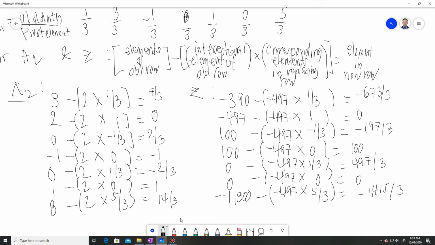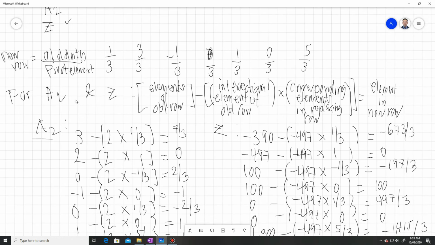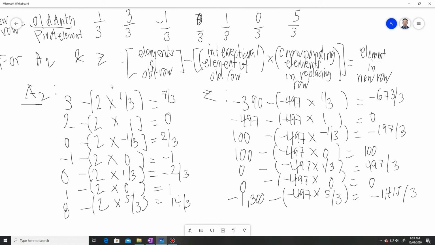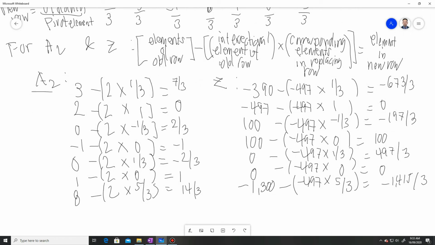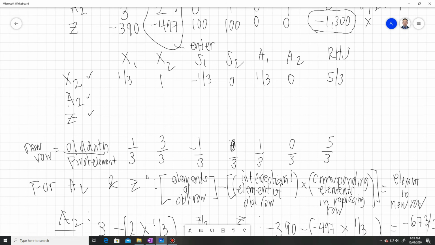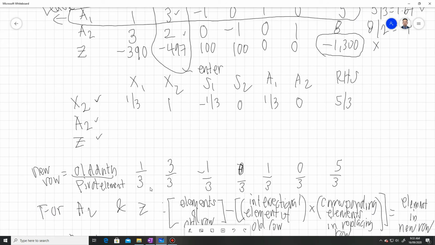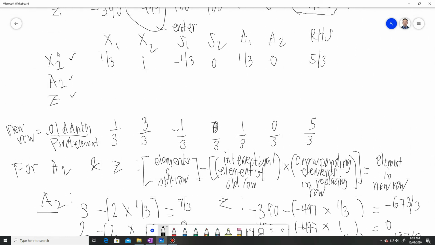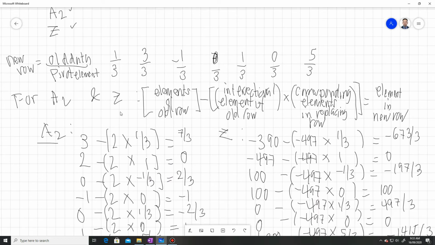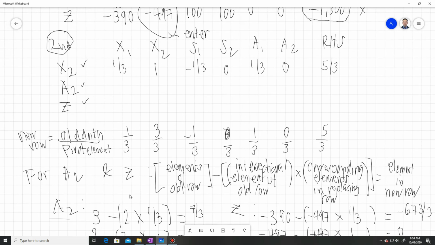Okay, now we will fill up the second table with these values. So we will write these and these to the new table, or our second table. So this is the second table. These are the values. Take note.